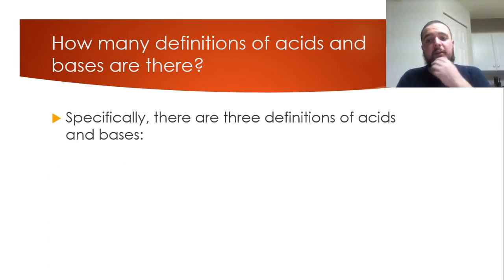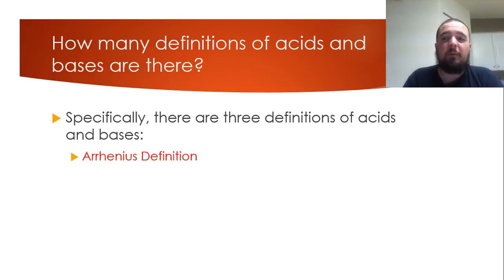So how many definitions of acids and bases are there? Specifically, there are three main definitions of acids and bases that scientists use, and that means biologists, physicists, chemists, geologists, everything like that. First definition, probably the most common, something you probably already dove into in your general chemistry class, and we dove in a little bit earlier this semester, is your Arrhenius definition. We'll dive more into the specifics of that later.